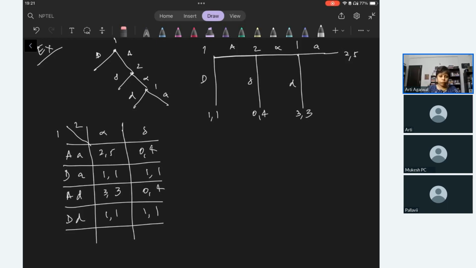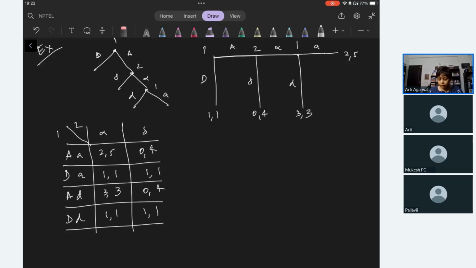Okay, this is the game table. So did you get this? Did you get the same table? Okay. So you can try to solve some of these questions after the class also.